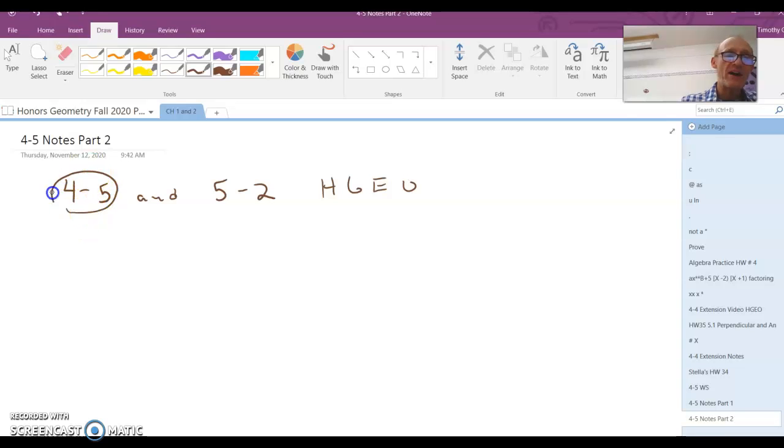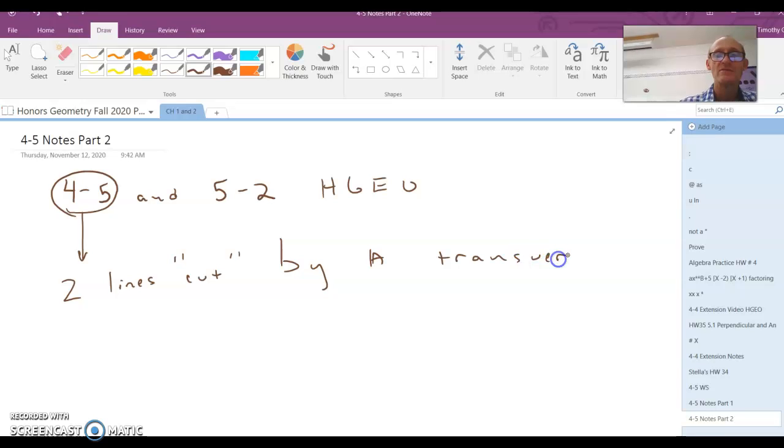And in 4.5, we talked about two lines cut by a transversal, creating 8 angles.